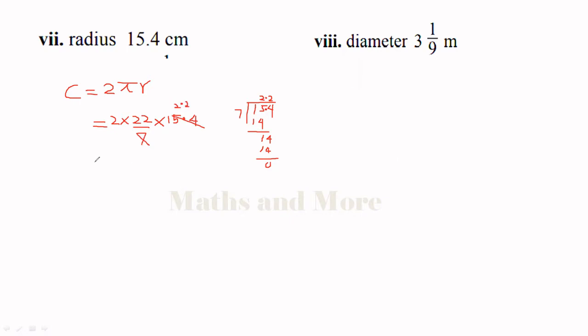Now let's simplify. You can multiply. First, let's multiply these two. 2 into 2, 4. 44 multiplied by 2.2.